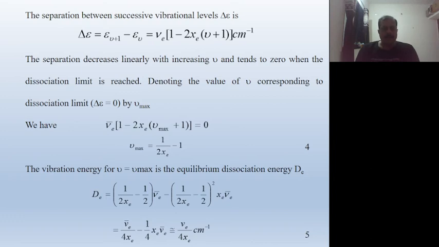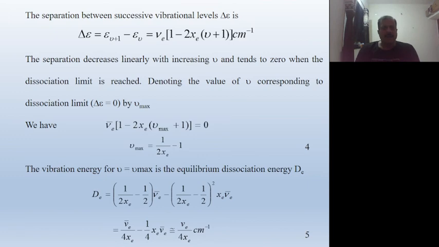Denoting the value of nu corresponding to the dissociation limit by nu max, delta epsilon is equal to 0, where we have nu bar e into 1 minus 2 Xe into nu max plus 1 equal to 0. Therefore, nu max is equal to 1 upon 2 Xe minus 1.